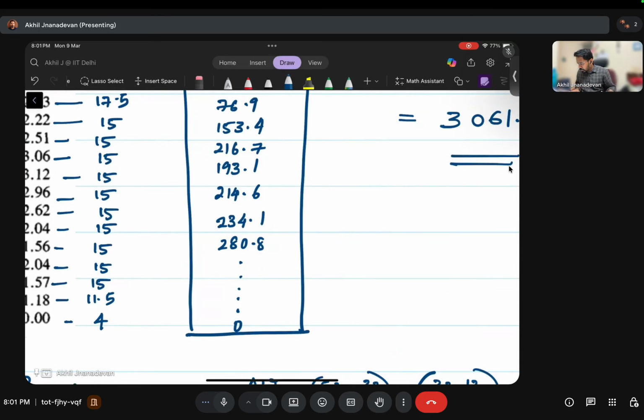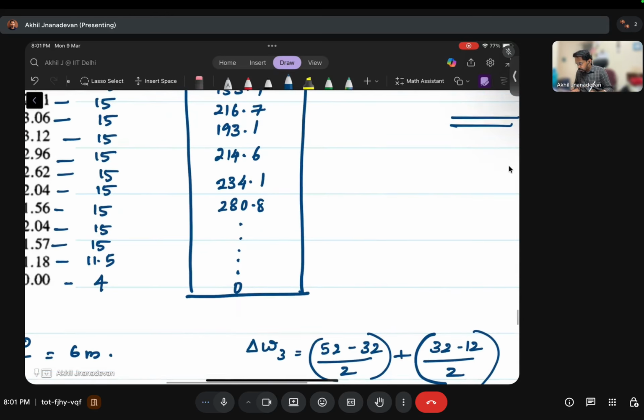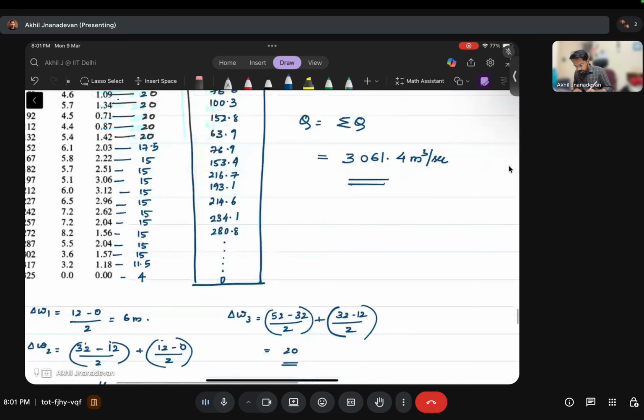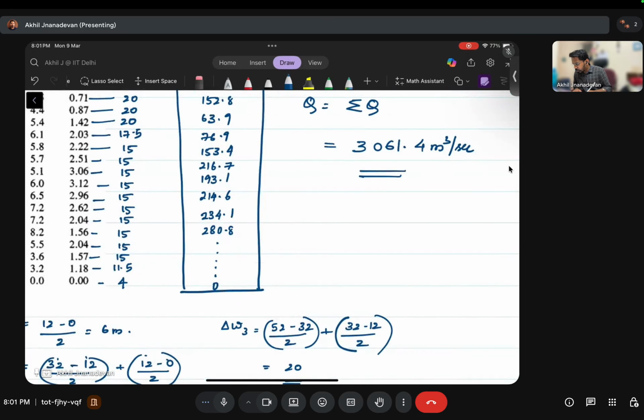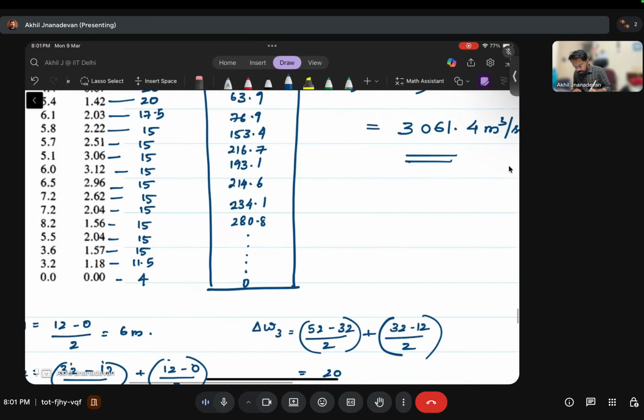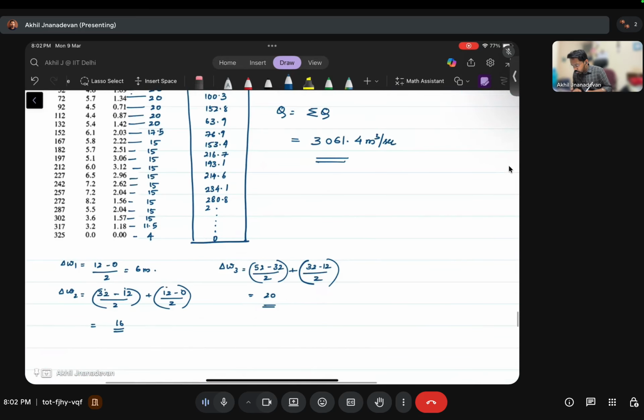So I will just complete this. We will have 280.8 and 288.6, 283.0, 220.3.